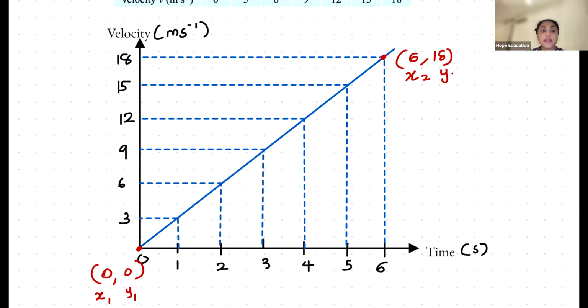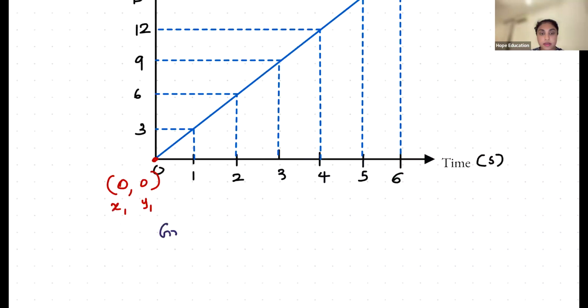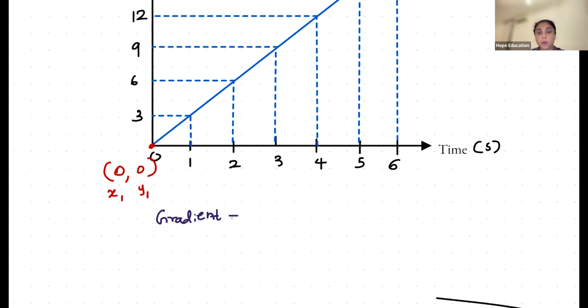Then how do we get the gradient? Gradient equals y2 minus y1 divided by x2 minus x1.